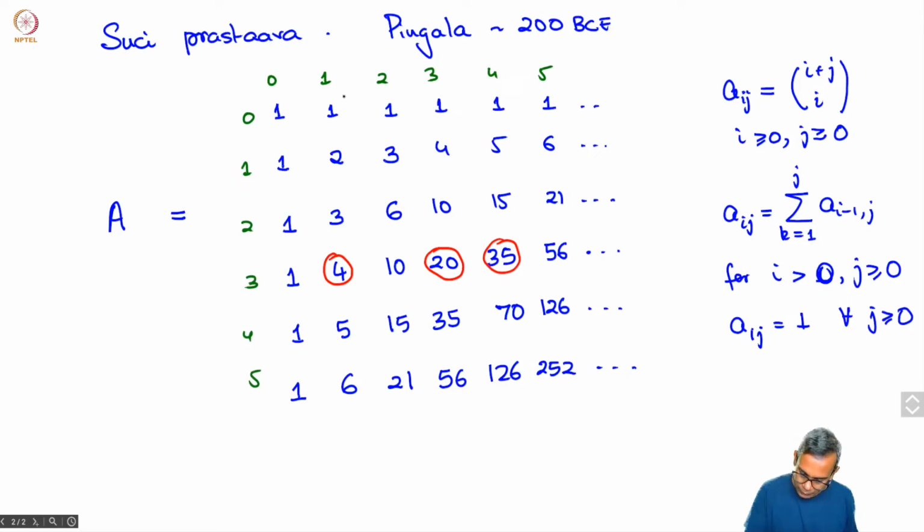So I'm choosing columns 1, 3, 4, and rows, let's say, 3, 4, and 5.